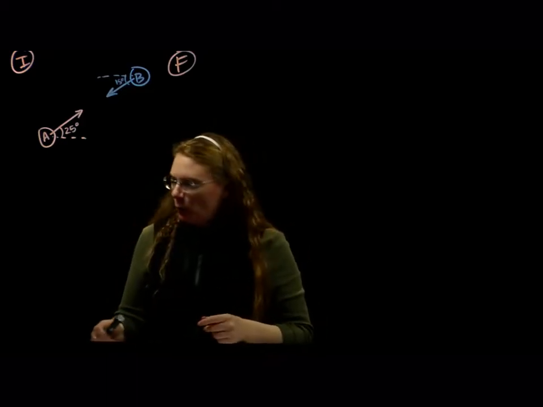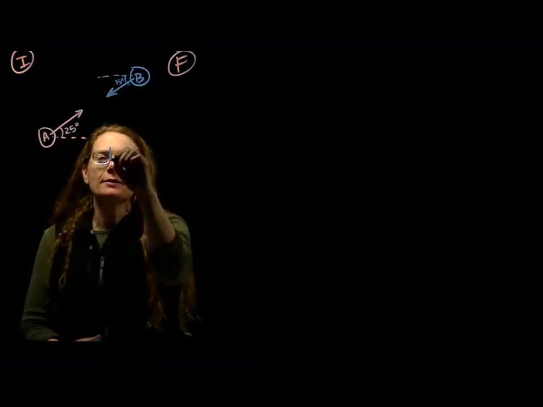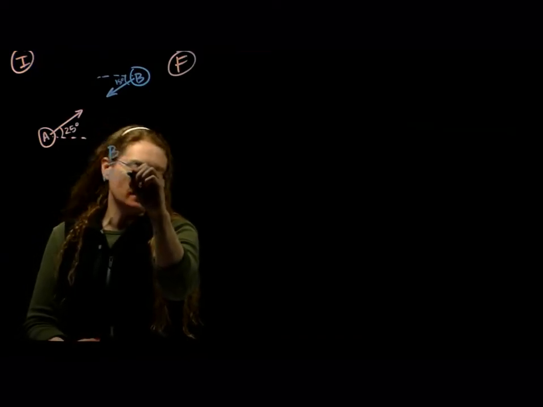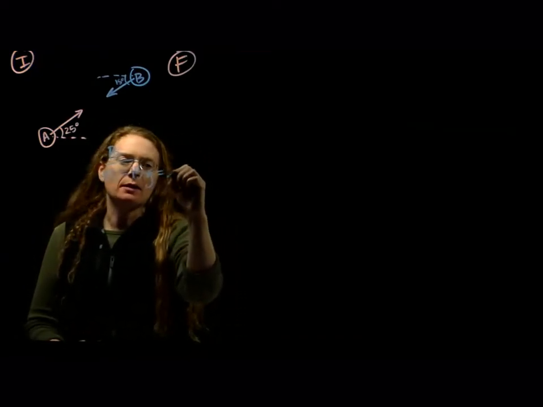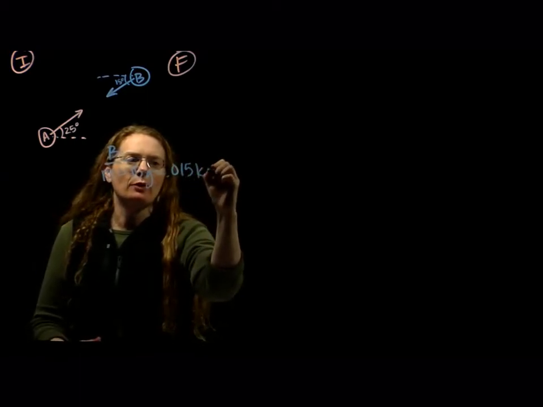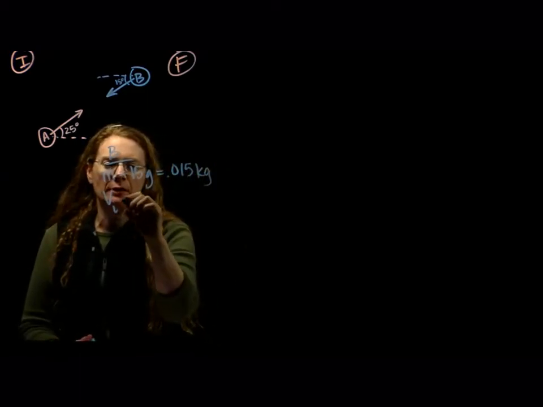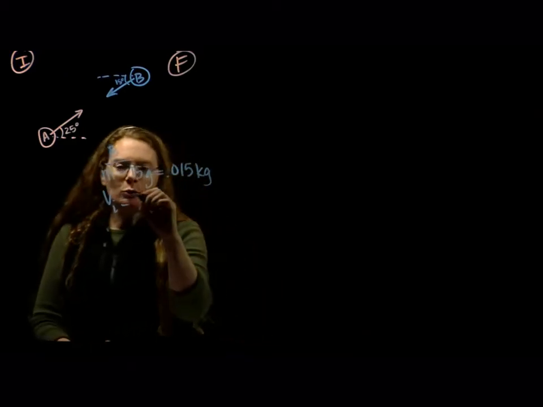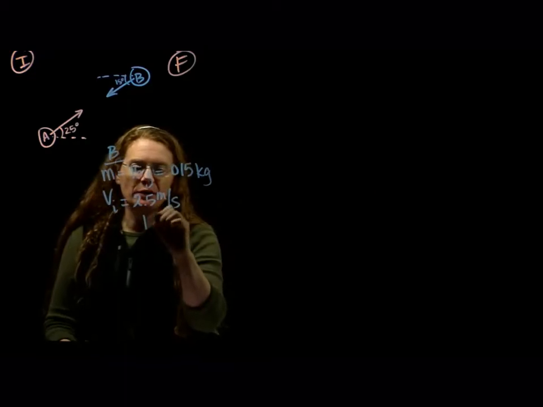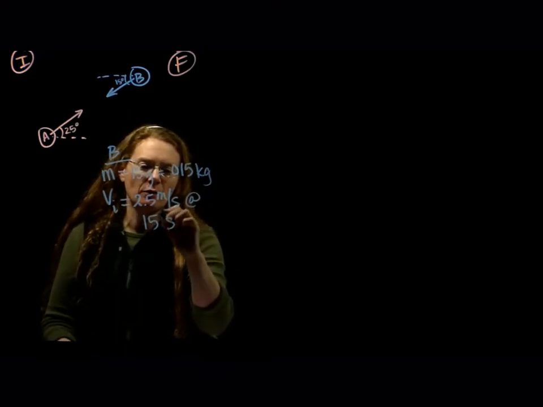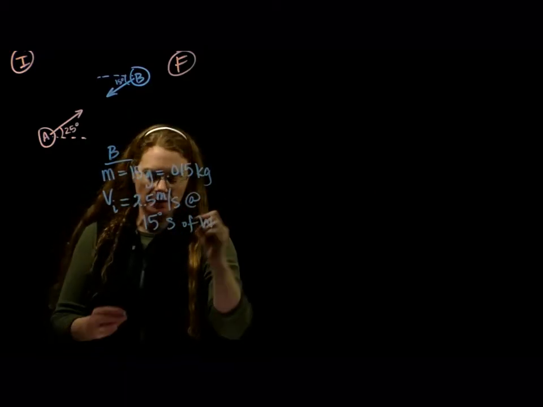All right, and then what do we know? For the second glob, our mass is 15 grams. That needs to get converted to kilograms. 0.015 kilograms. Its initial velocity is 2.5 meters per second at 15 degrees south of west.